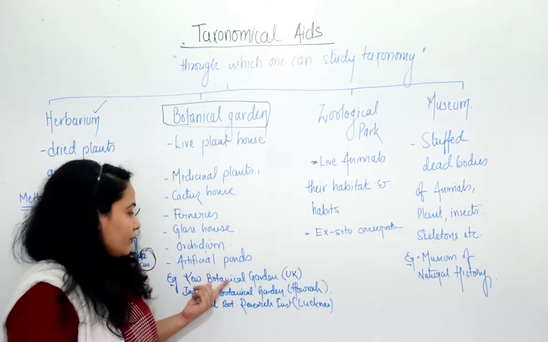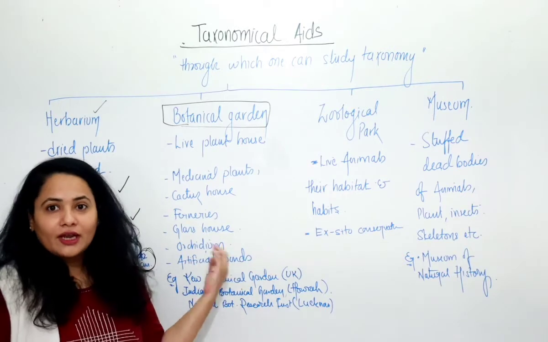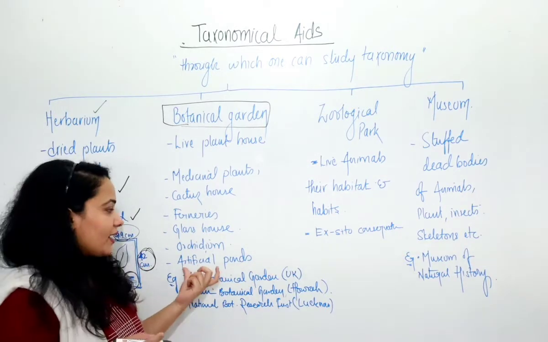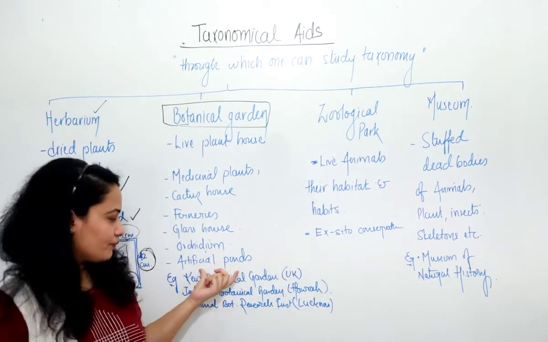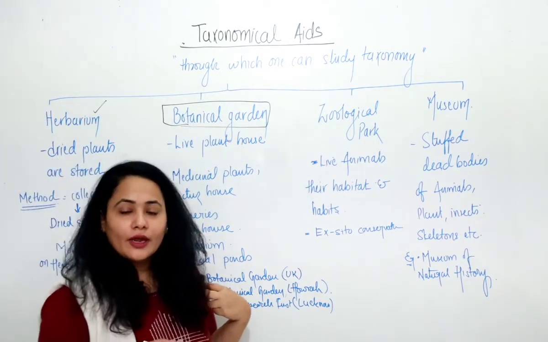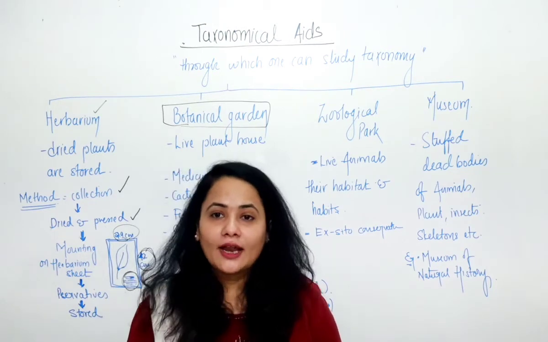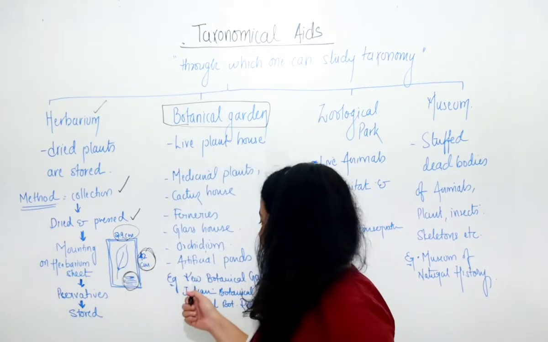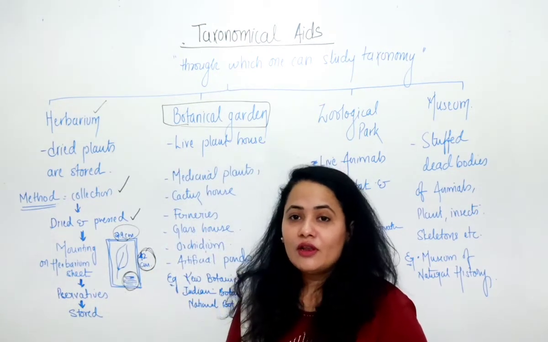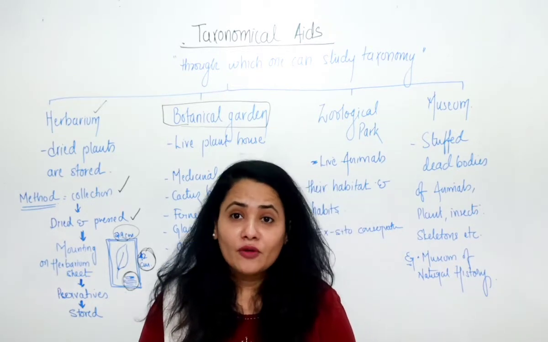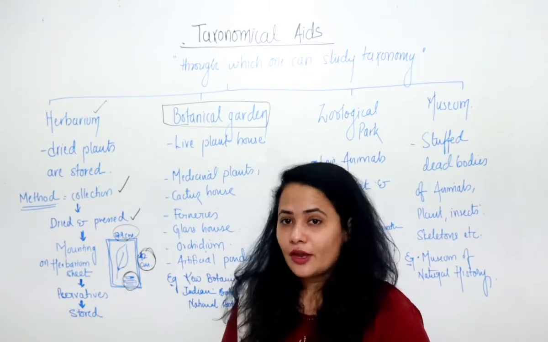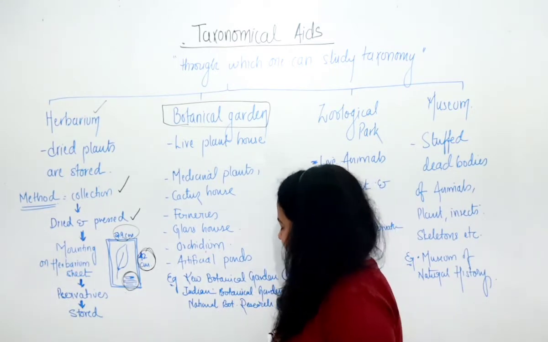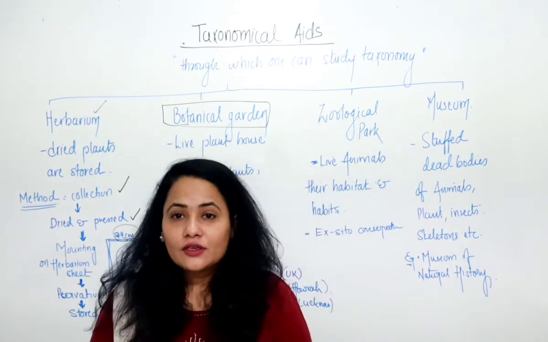Even in a botanical garden, you can find things like artificial ponds, where you can find hydrophytes surviving. Which are some examples of botanical gardens mentioned in our book? They are Kew Botanical Garden, which is one of the largest botanical gardens in the whole world, located in London, UK. Another one is the Indian Botanical Garden, located in Howrah.